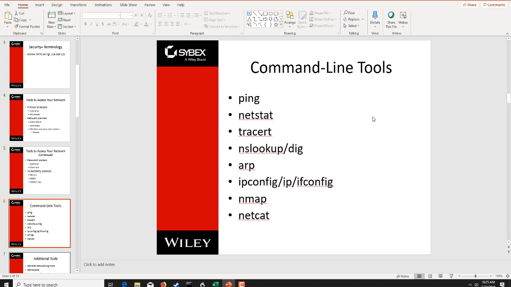Actually, I skipped over Nmap. I apologize. Nmap is really good for just a port scanner. It is used a lot of times to help identify potential problems, especially if you're using Nmap scripts. And then Netcat is a utility that also can come with, say, the Kali system. It's a free download. It also works on Windows. I should mention that too.